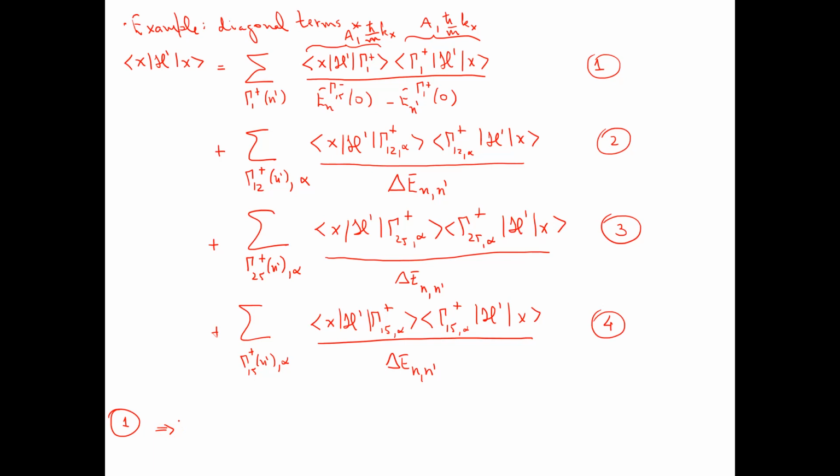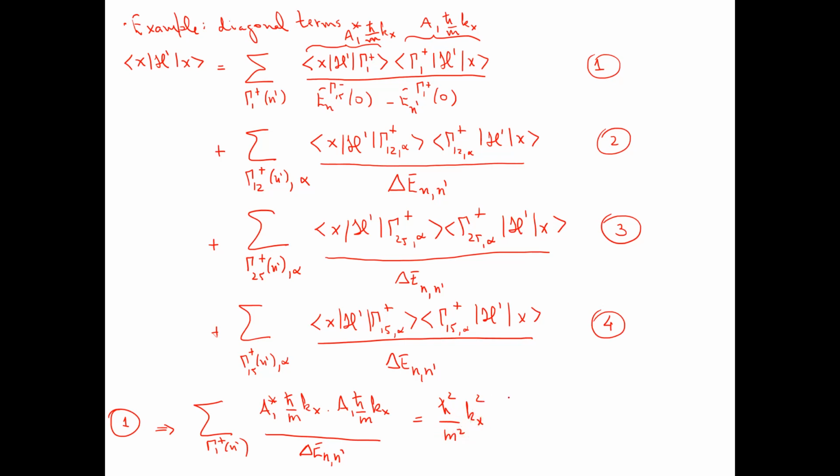So the first term is actually going to be given by a sum of the gamma 1 plus states, and then this product and the energy denominator, and this is simply h bar square over m square kx square.